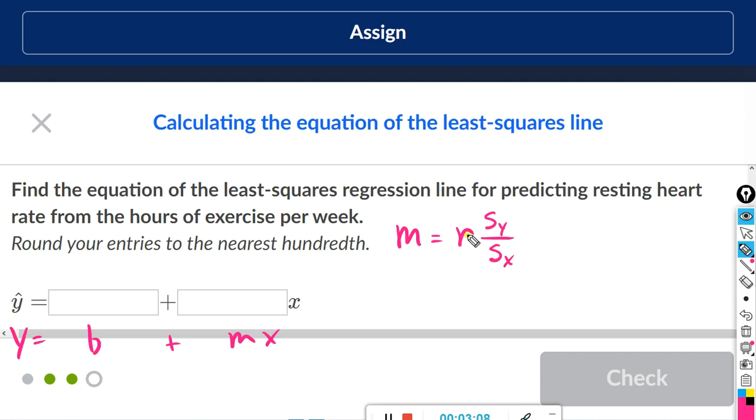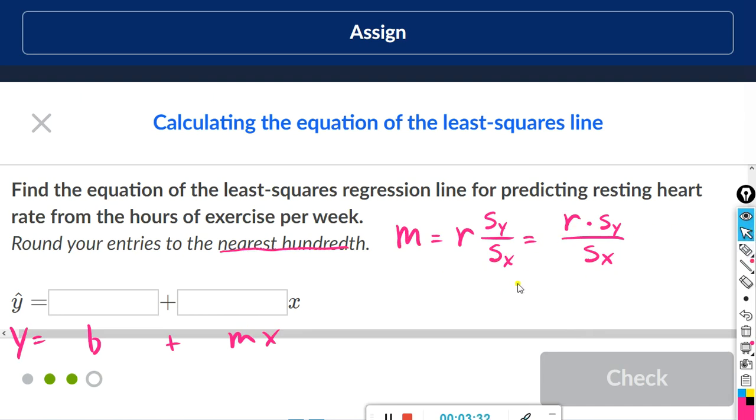You can say it's R times the standard deviation for the y divided by the standard deviation for the x's. So this is the formula for slope m, which goes in this box right here. And we're going to round to the nearest hundredth, which is 2 decimal places.